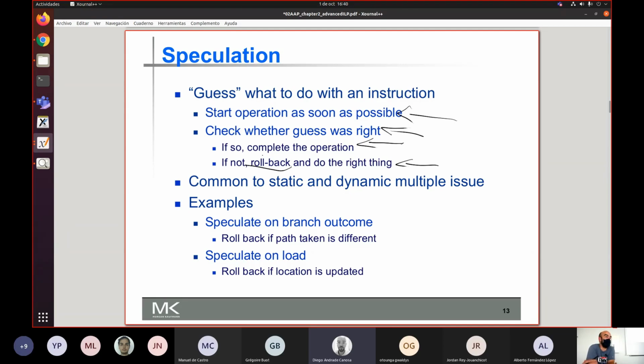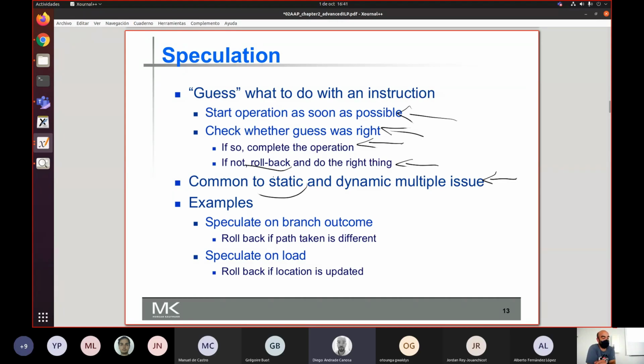This speculation is going to be useful not just in dynamic multiple issue, that is the thing that we are talking about right now, but also in the static one. So the question here, because speculation is an abstract concept, is on which kind of things we have to speculate. One thing, we already know it from chapter 1, and it is a branch outcome, okay?